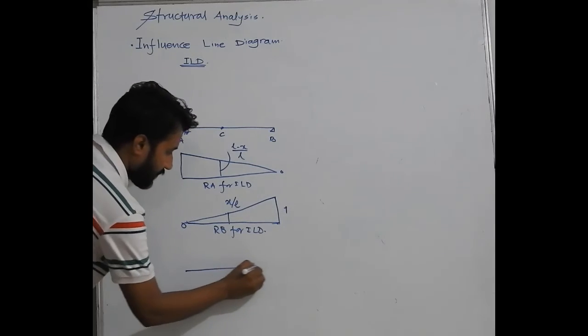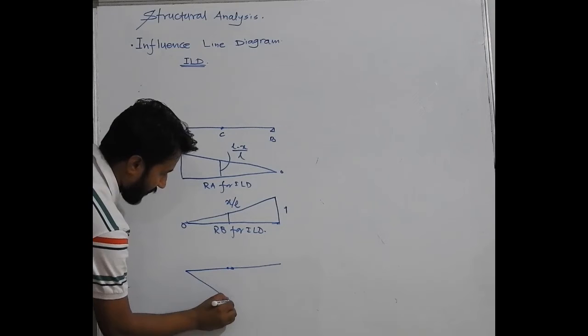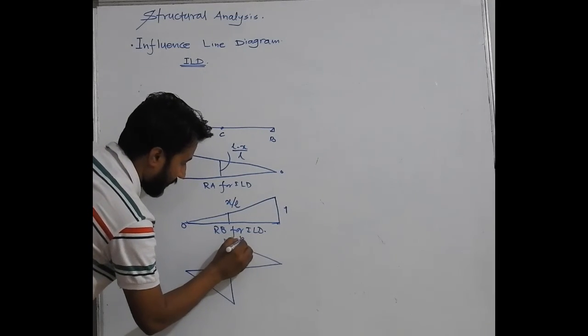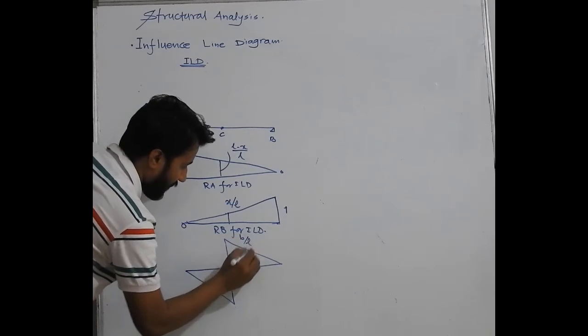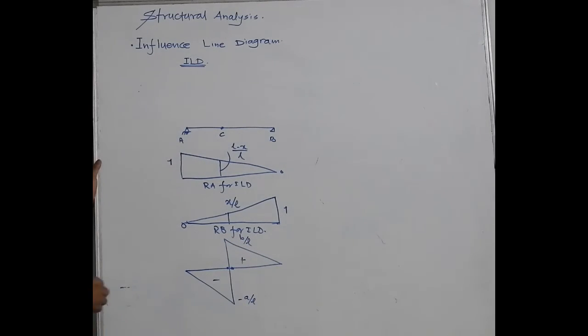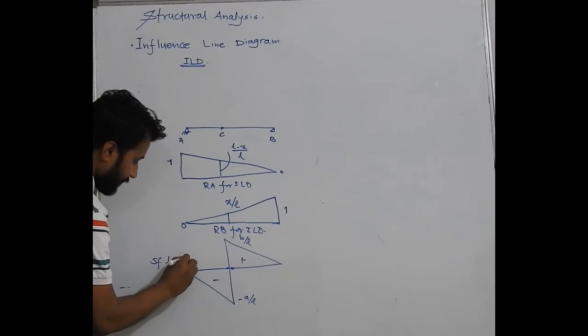Now the shear force at any section: this is negative, this is positive. This one has the value B by L, this is minus A by L, this is negative, this is positive. So this is the shear force for ILD.